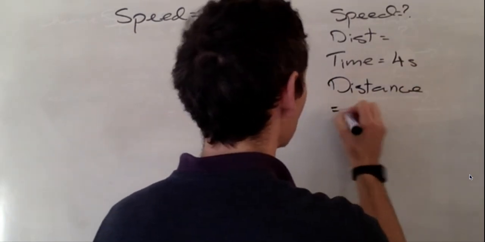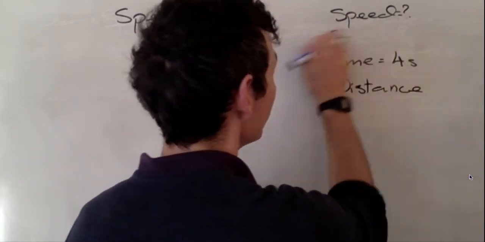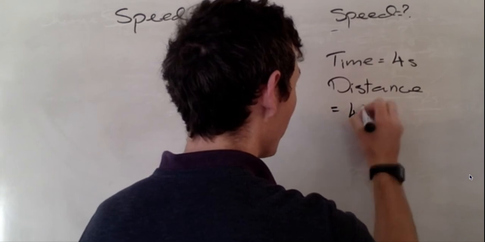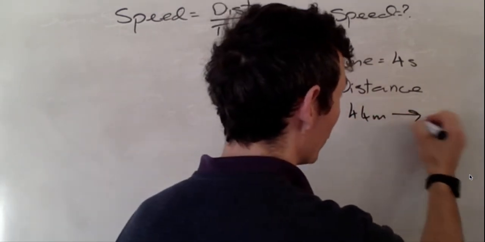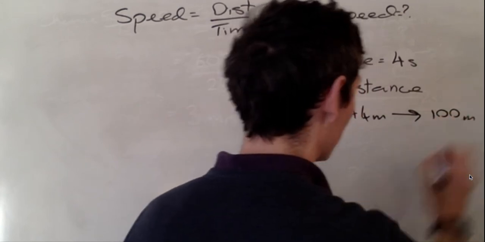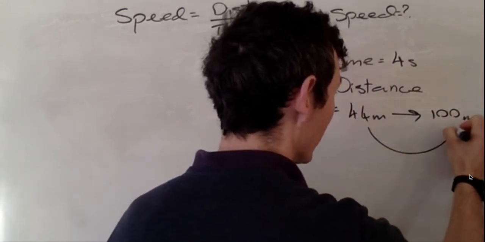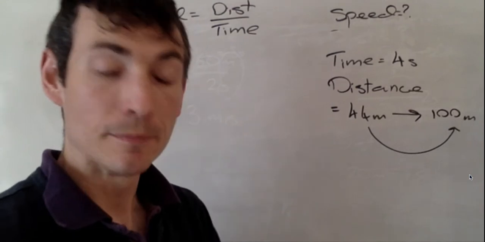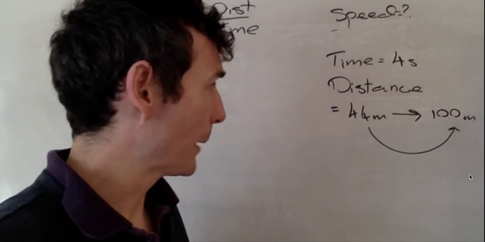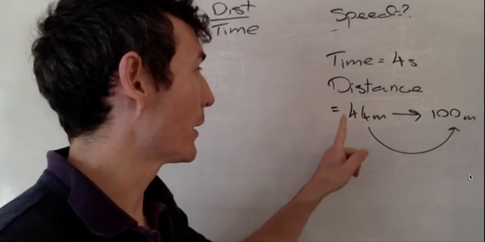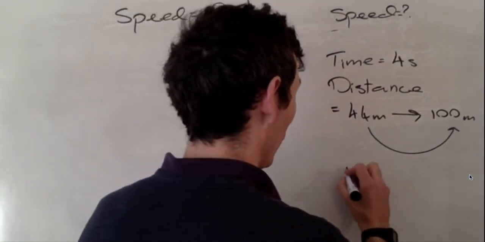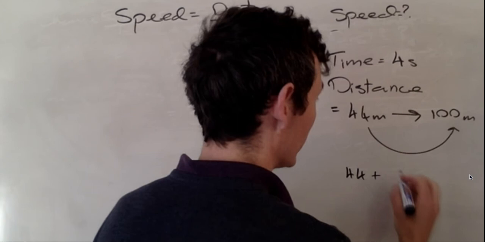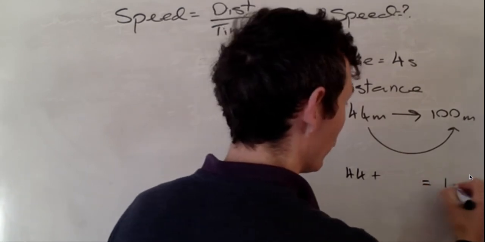So what is the distance? We're going from 44 meters during that time interval, and we're going all the way to 100 meters. So what is that distance traveled? A couple of ways to do this. Some people might say 100 minus 44. I like to do what would be 44 plus what would equal 100.